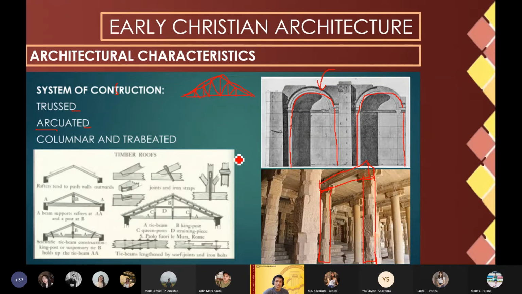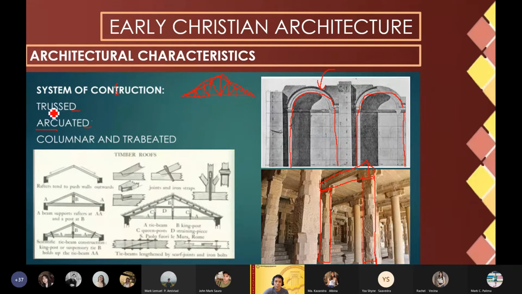So again, we have three systems of construction used during early Christian architecture. We use truss for the roof. For what supports the roof, we have arcuated, the arches, and columnar and trabeated, or post and lintel.